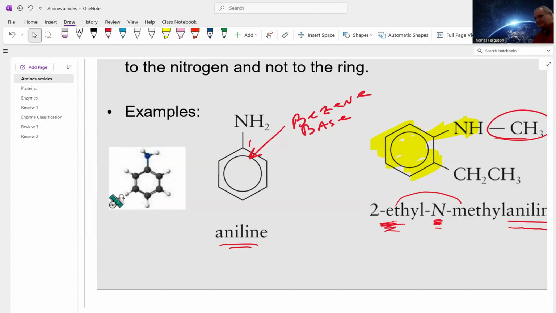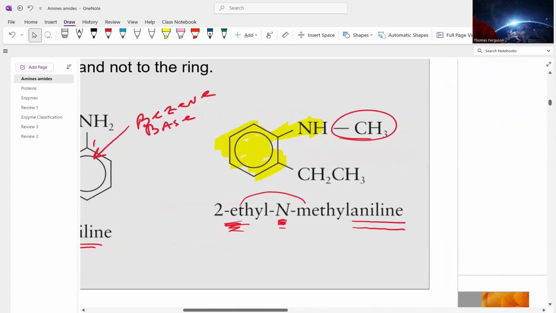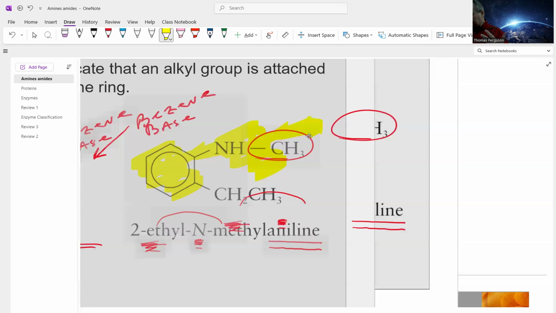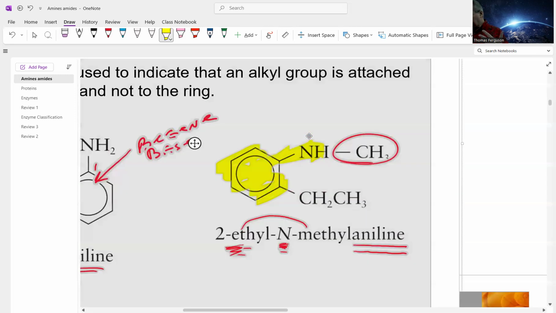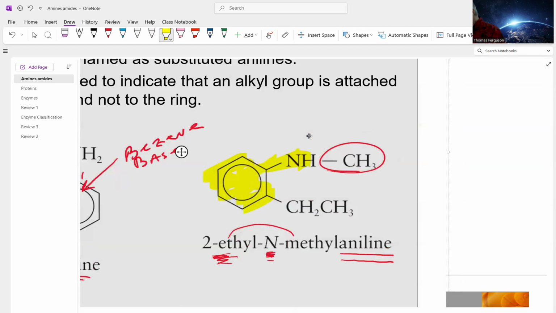Now to name this, get over here. So the aniline is going to be the base. And then we have stuff hanging off of that.